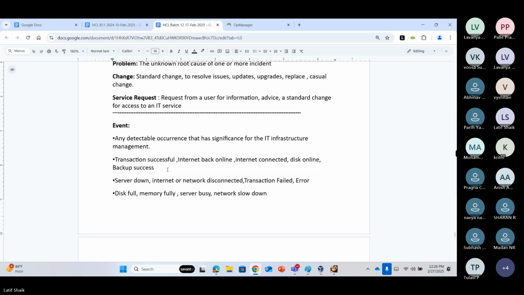So suddenly the server is down. It is an event. But what type of event? Error event. Internet not working, internet is down. Or some complete floor's internet is disconnected. Network is disconnected because the connected switch is down, so the entire network is down.